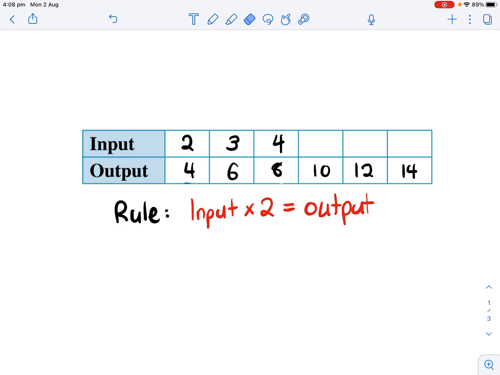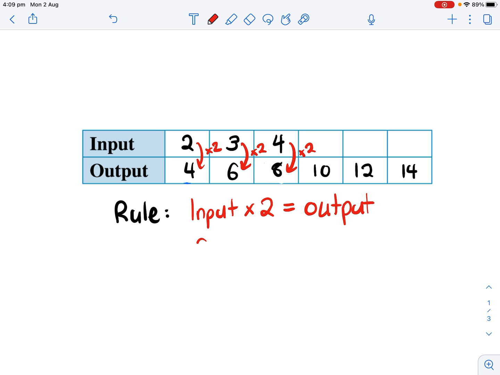In this example, the pattern, or the rule you need to use, is that you multiply the input number by 2. So this is multiplied by 2, this is multiplied by 2, and so on. In order to find the input number from the output number, you need to reverse the process.